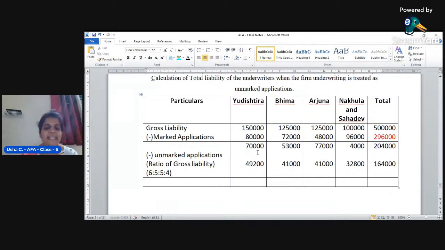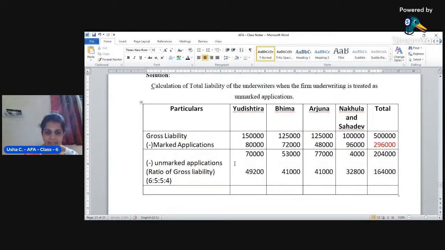We have to deduct this unmarked application and find out the differences. That is 70,000 minus 49,200 is 20,800. Then 53,000 minus 41,000 is 12,000. Then it is 36,000.